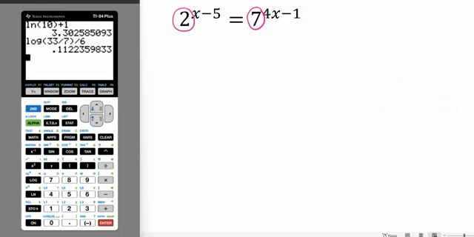So, especially if I've been asked to give an approximation, I would like something where I use the LOG key or the LN key. So it really doesn't make any difference. I could take natural logarithms of both sides, or I could take the common logarithm of both sides.